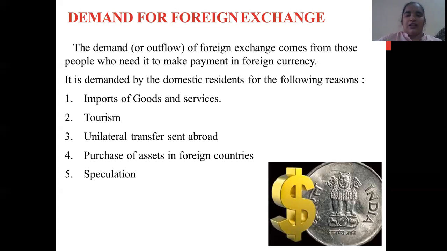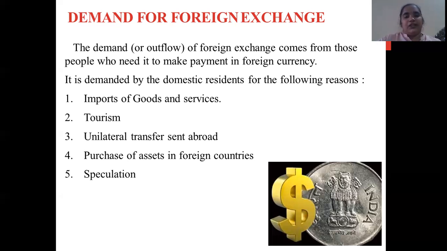So that is unilateral transfer of funds, or maybe the Indian government is helping some other countries by giving them funds. Then when we purchase foreign assets in foreign countries, then also the demand of the foreign currency is there, just for speculation, means we are trading. So like for example stock exchange, or say you're buying shares or you're buying gold, holding it for some time, and when the price increases you are selling it.